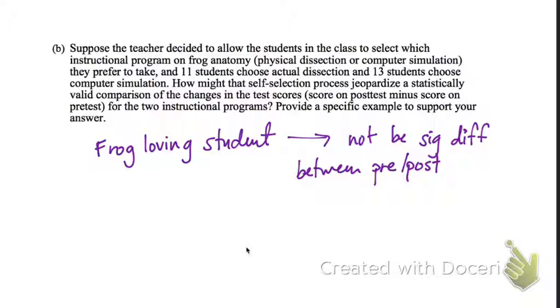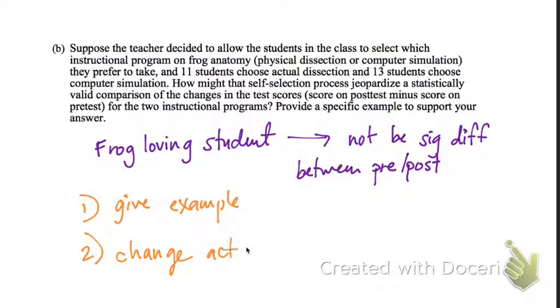So your answer, you could have said anything. However, what it was looking for, the first part, was you wanted to give a reasonable characteristic. So just give an example. It needed to be something specific, like their friends wanted to do it. And second, you needed to say something about how that could change the actual difference between pre and post.